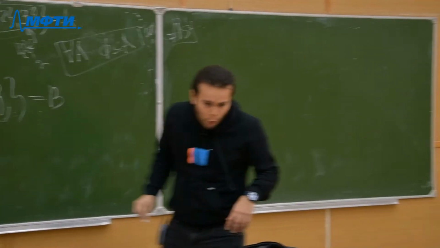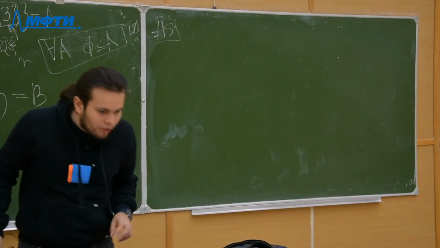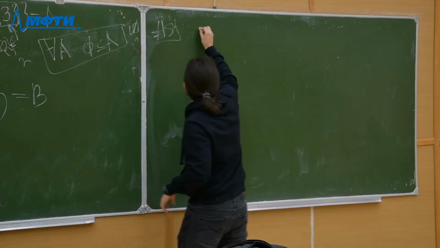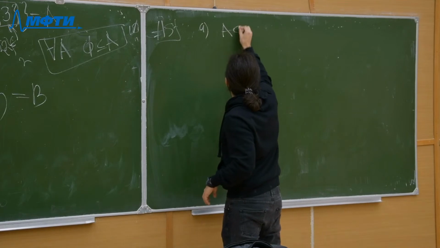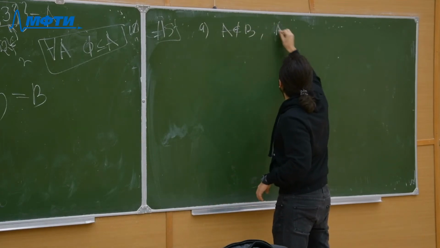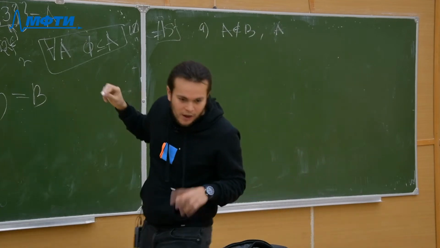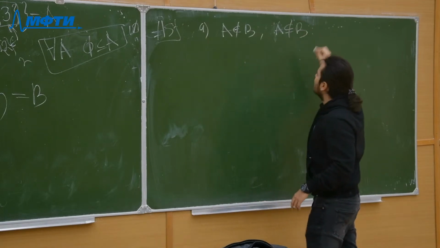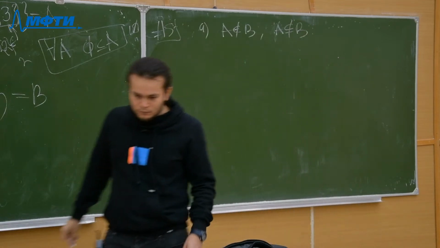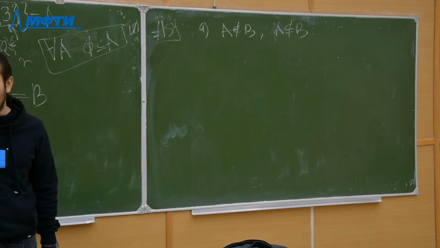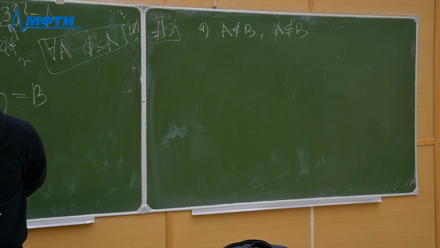So we have to give an example of A and B such that A is not an element of B, and A is not a subset of B. Who can tell? Okay, couldn't I say that B is A, and in A you say, right?